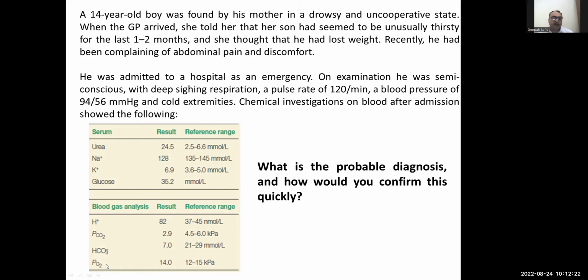There was no effect on the partial pressure of oxygen; it is around 14. All these investigations show a high level of potassium along with glucose and hydrogen ions, leading to metabolic acidosis with a high anion gap. And the probable diagnosis for this is diabetic ketoacidosis.